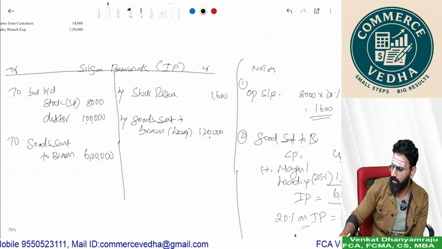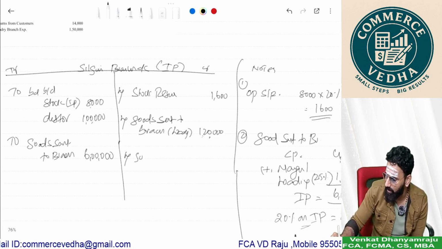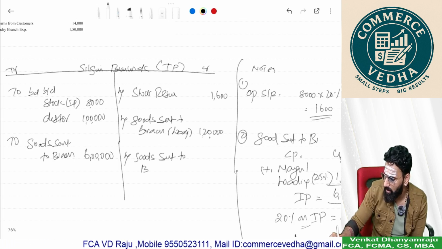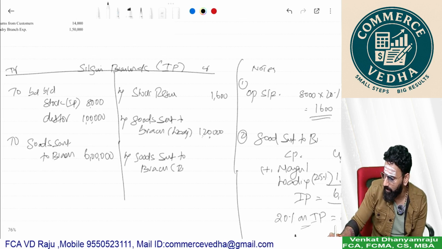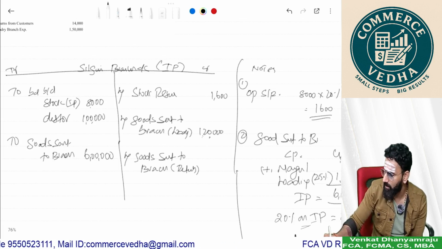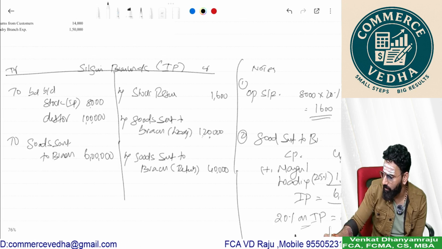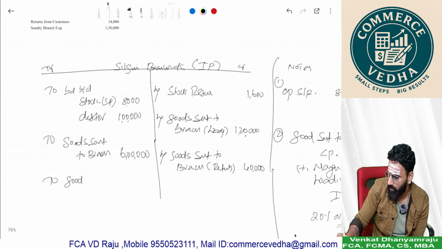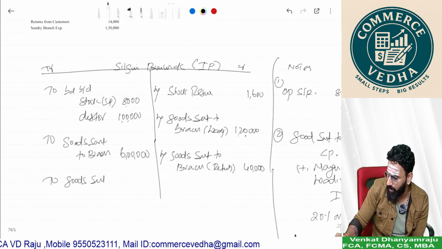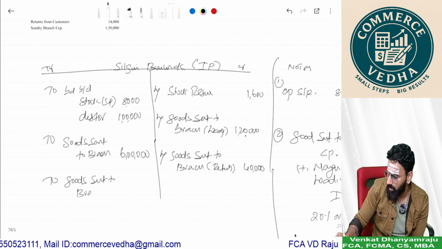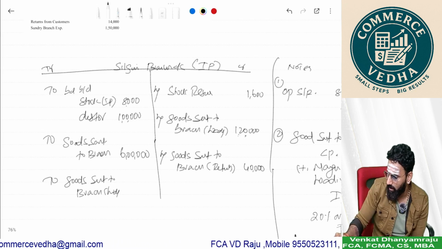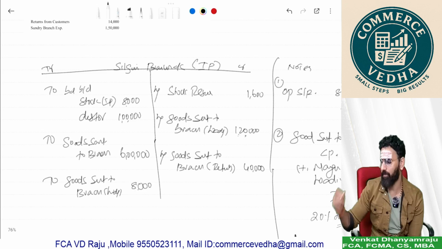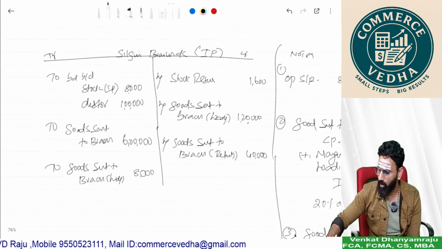So I can record here by goods sent to branch, for the purpose we'll write returns 40,000 invoice price. Immediately to goods sent to branch, loading on the returns, which is 8,000. So we recorded even returns.